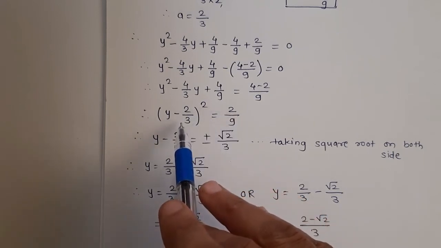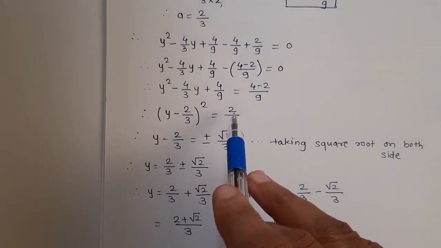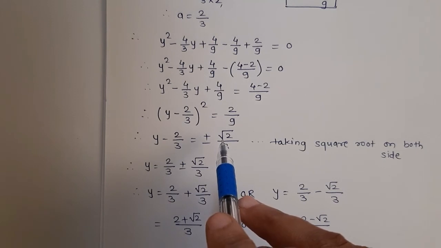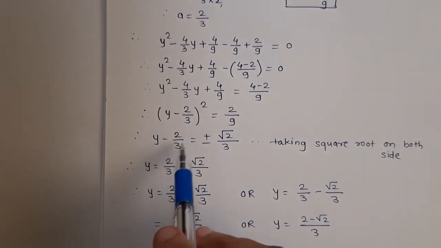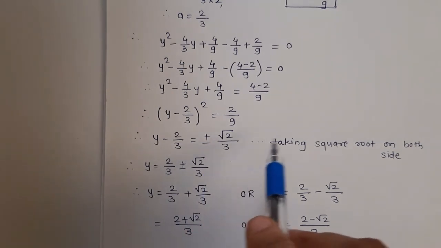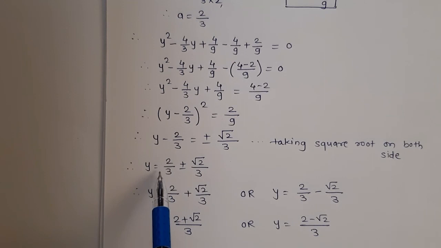So here on both sides we are getting the perfect square. Now 2 is not a perfect square, but when we take the square root, we will get root 2. So here y minus 2 upon 3 equals plus minus root 2 upon 3, taking the square root on both sides. So y equals, shift the term minus 2 upon 3 to the right hand side, so it becomes plus 2 upon 3 plus minus root 2 upon 3.